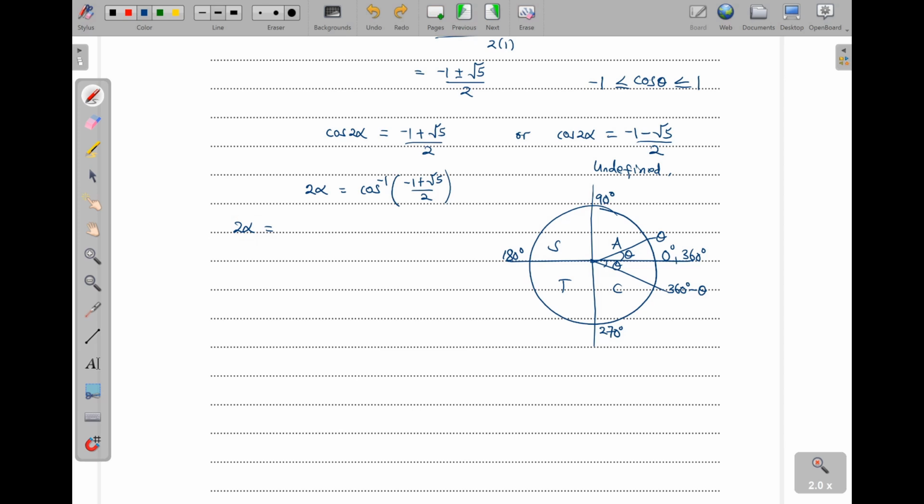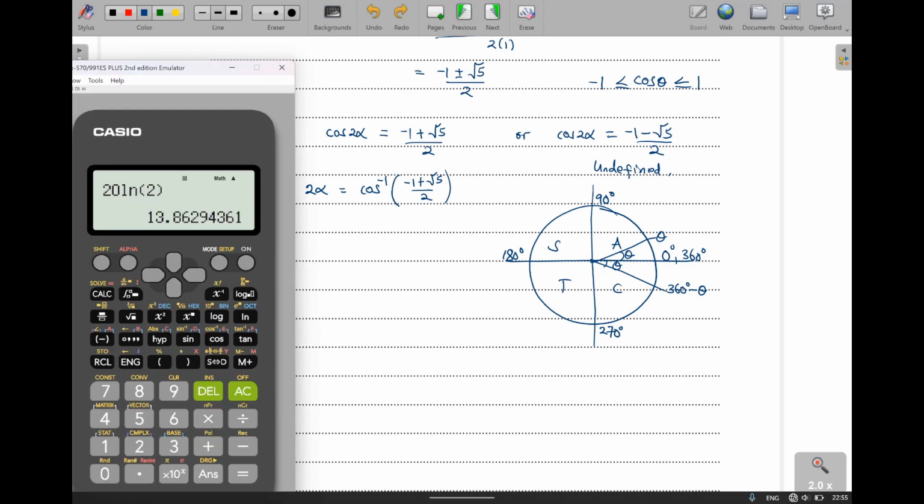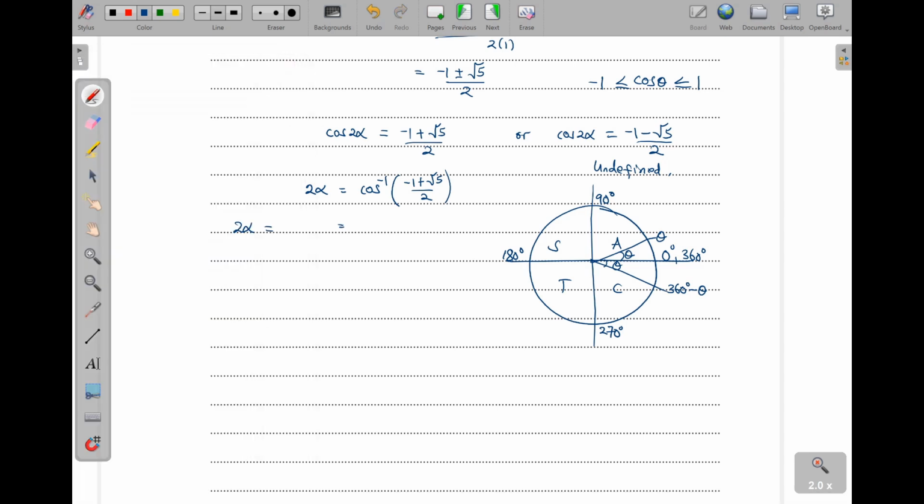So arc cos of this one here, what do we get? The calculator must be in degrees, so shift, then arc cos, we shall have negative 1 plus root of 5. Down here we have a 2, and then we shall get 51.8. You can even write to 2 decimal places. Okay, then you round off at the end because there is dividing by 2. So 51.827.